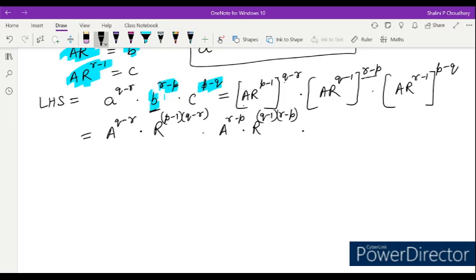Now A to the power p minus q, into R to the power (r minus 1) into (p minus q).